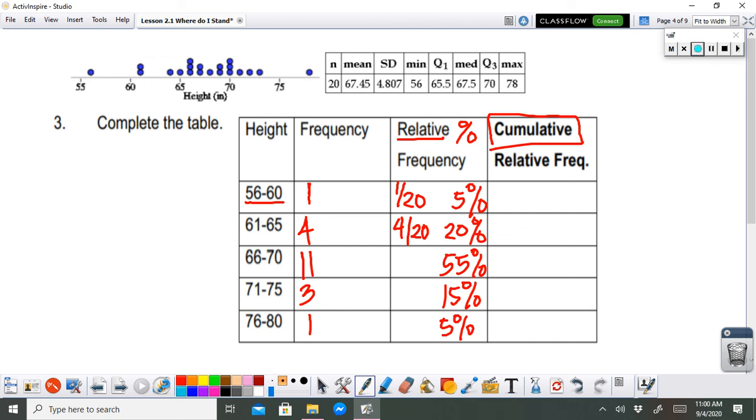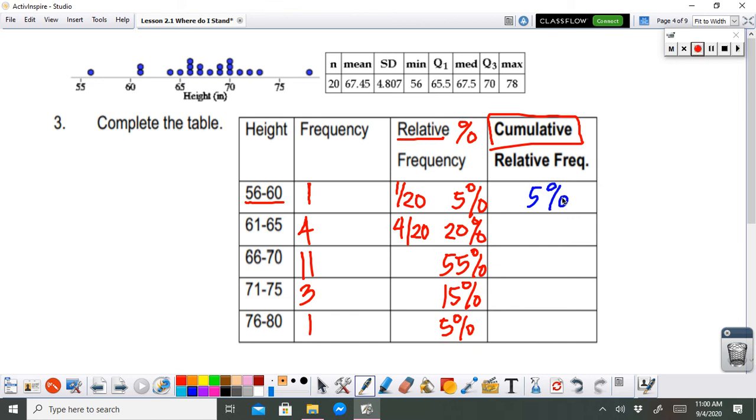So technically in this example, what is the sum or the total of the percentage from 60 all the way below? From 60 and all the way below. And because we just started, that is 5%.